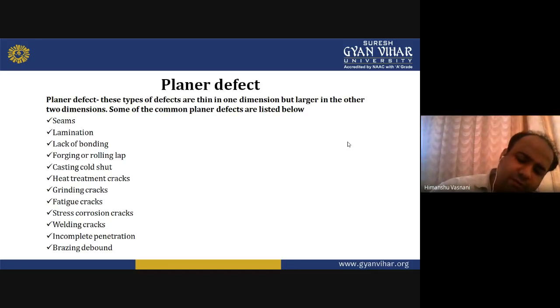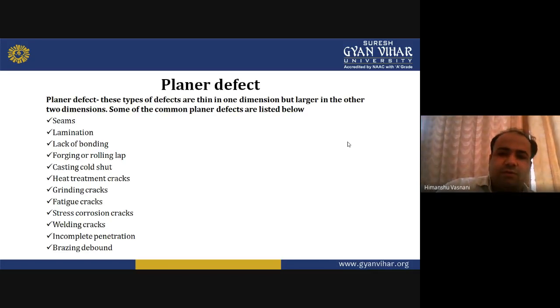These all will be discussed with you one by one. We will be discussing all these kinds of defects and what they actually look like. I will give you a small picture along with them, whatever is possible, and show you how these cracks or defects look.